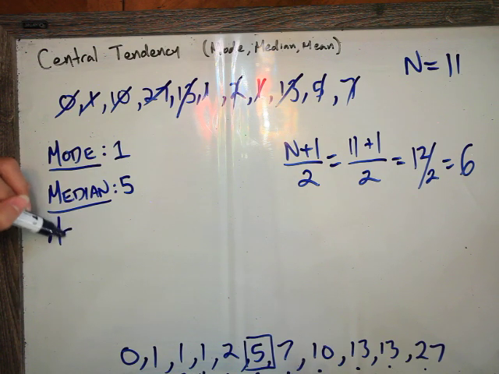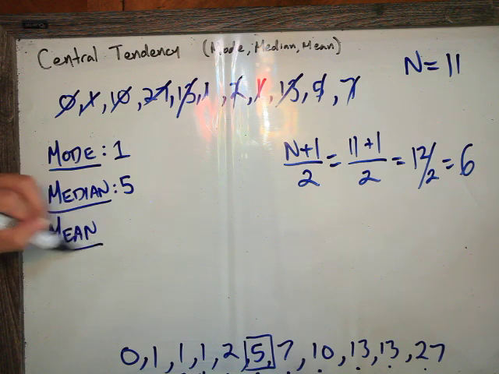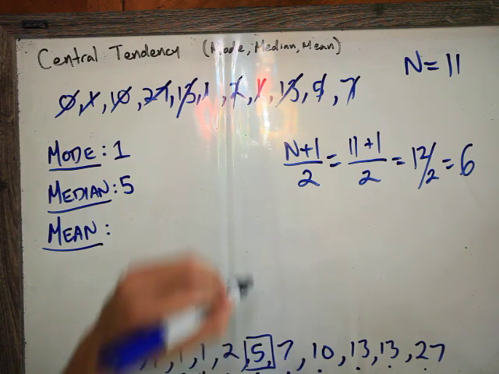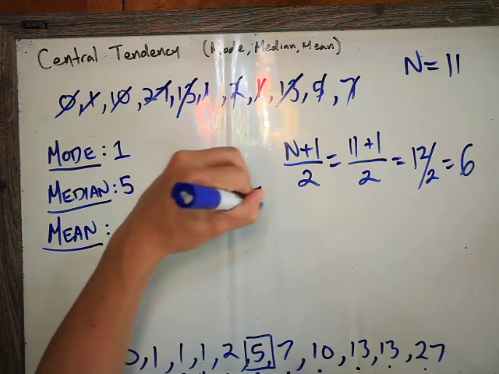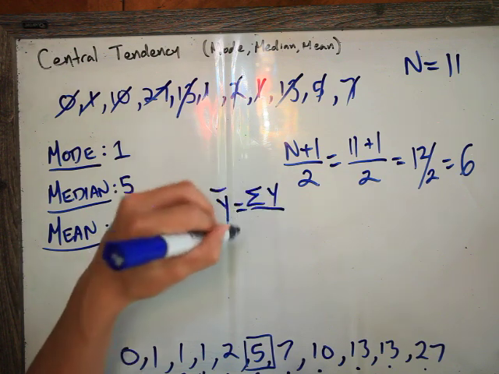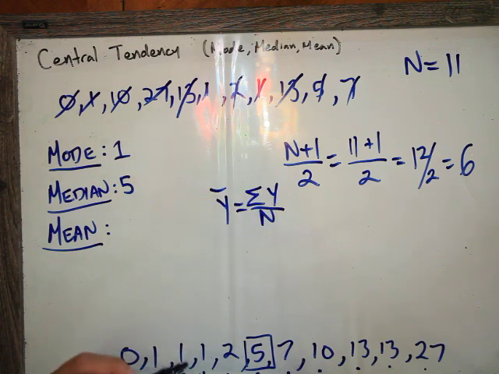Finally, we have to find the mean, okay? And to do that, we do y bar equals the sum of all raw scores divided by n. So to find the sum of all raw scores, we add all these up. So 0, 1, 2, 3, 5, 10, 17, 27, 40, 53, 80.